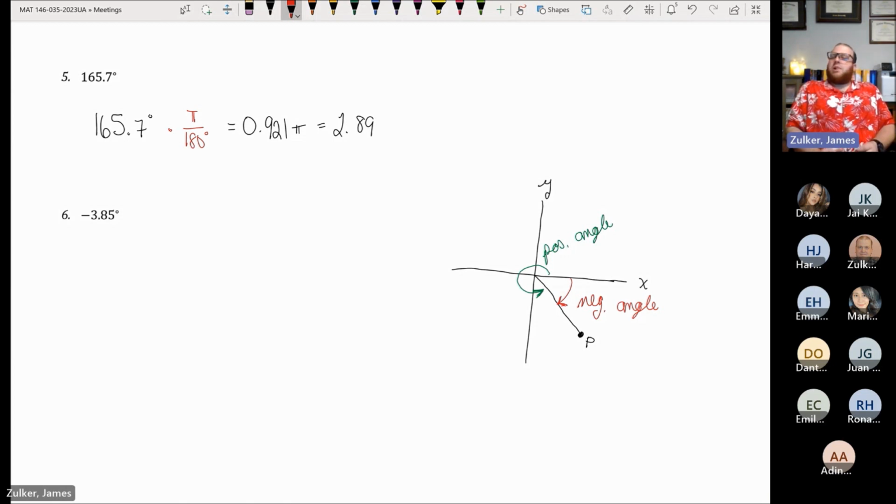So the plus or minus is simply dictating the direction of rotation that you're using to measure the angle. Negative 3.85 degrees is a clockwise measurement from the positive x-axis.